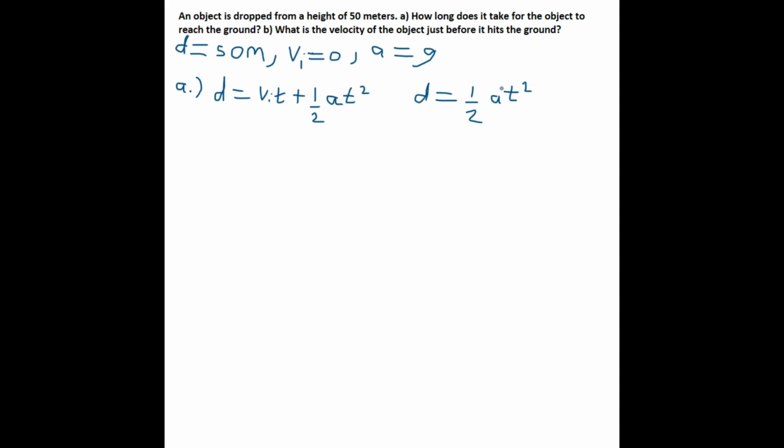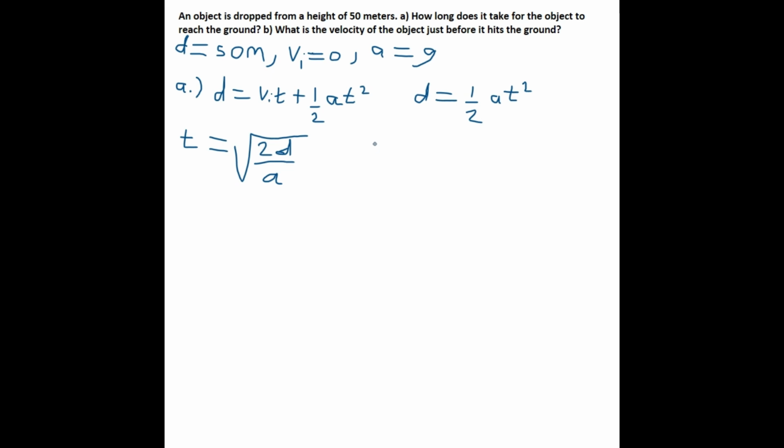Now let's rearrange this formula to solve for time. If we do so, we'll be left with time is equal to 2 times the distance divided by the acceleration, and the square root of the entire thing.